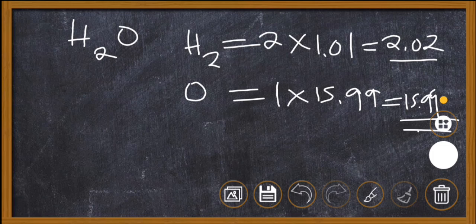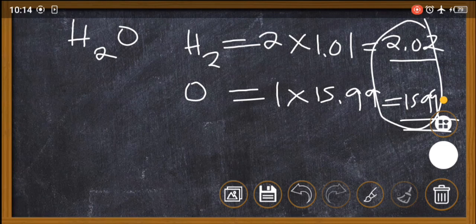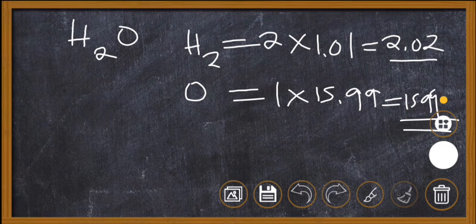So these are individual values. Now, when we look at the formula, it says mass of an element over the mass of a compound. So the compound you have is the total of this. So for us to have the mass of the compound, the total of this, we have to add these values here. So how are we going to do that? We are going to add 2.02 to what? 15.99.